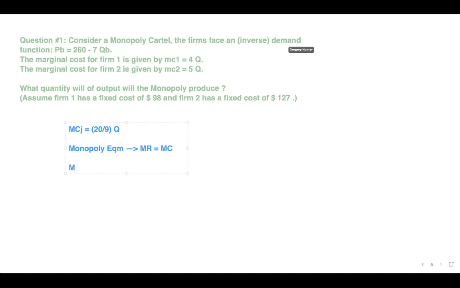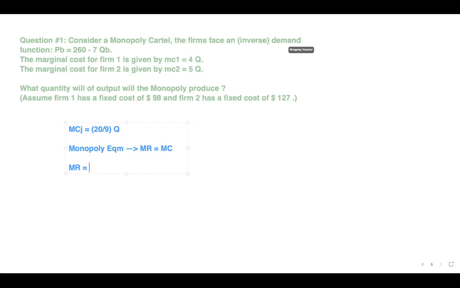And we don't have an equation for the marginal revenue yet, but do you have one there? I used the calculus way, and I just took the antiderivative of the demand function, and I got 260 minus 14Q.